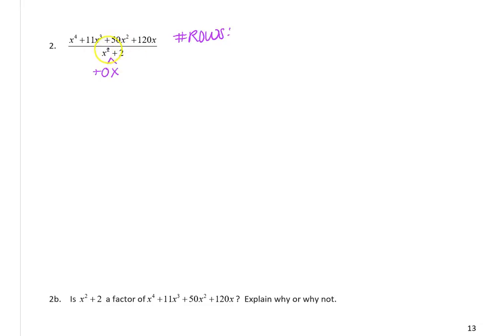The degree looks like it's 2, so 2 plus 1 gives me 3. For columns, we're going to look at the x to the 4th and the x squared. Subtract those exponents, I get x squared, and 1 more than that gives me 3. So that means I'm going to have a 3 by 3 grid.